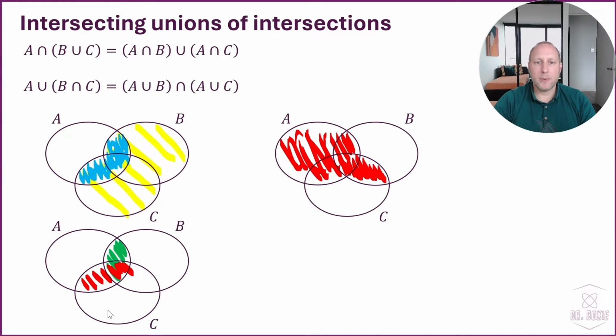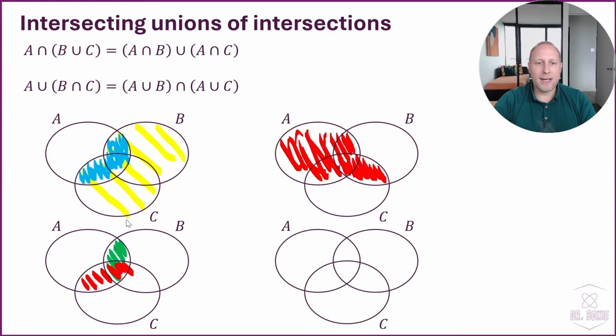How does it compare to the right-hand side? Well, on the right-hand side, we want the intersection of A union B and A union C. So what is A union B? A union B is anything that is either in A or in B. So it is all of this. What is A union C? A union C is anything here.